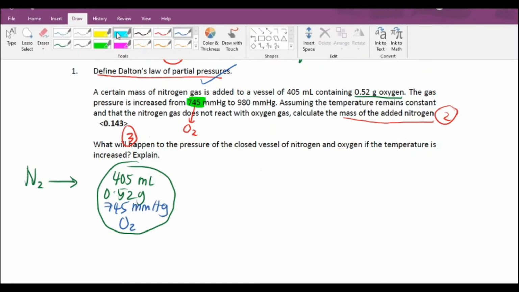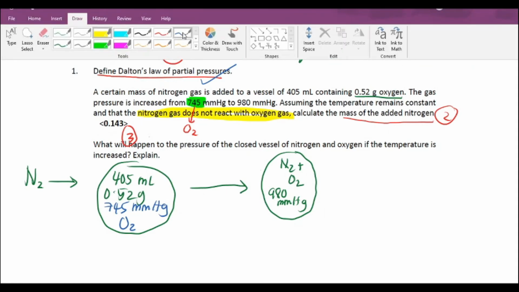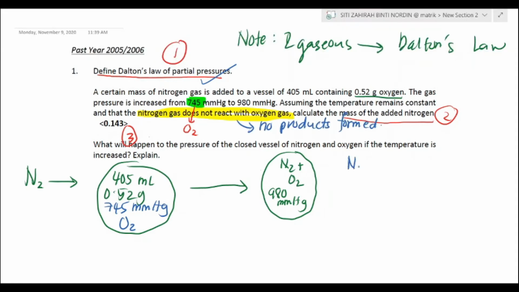After we have added the nitrogen gas, the pressure changed from 745 to 980 mmHg. So these 2 gases are already combined and producing this final pressure. It just means that there is no product, because nitrogen gas is just being put into one container with the oxygen. They are not reacting with each other to produce any products.